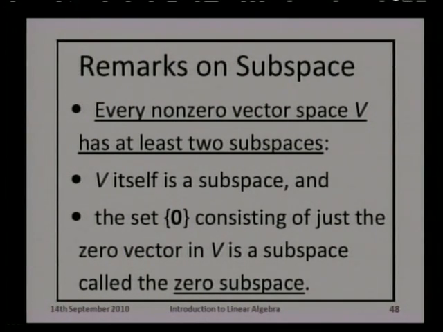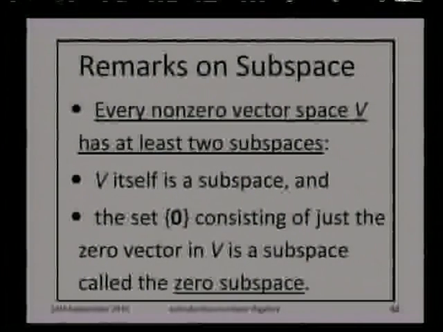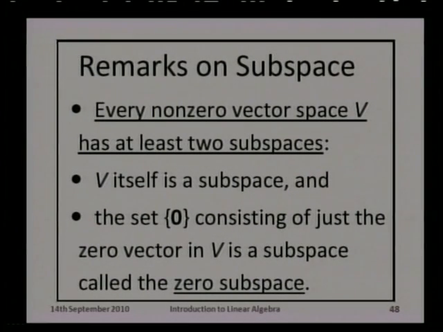One important remark on subspaces: every non-zero vector space V has at least two subspaces, namely V itself, because it is a subset of V and a vector space, and therefore a subspace, and the set {0} consisting of just the 0 vector in V, which is a subspace called the 0 subspace.